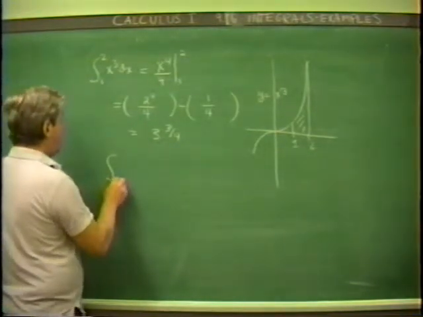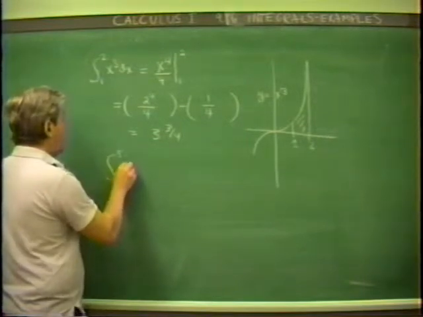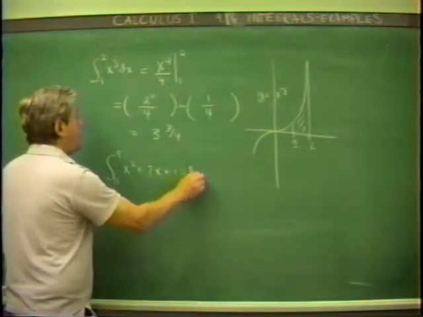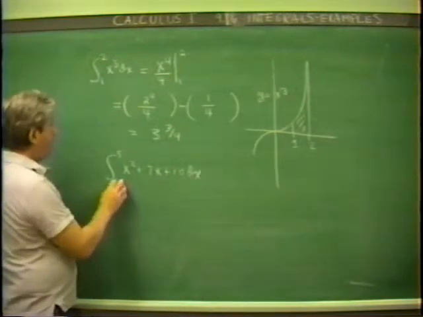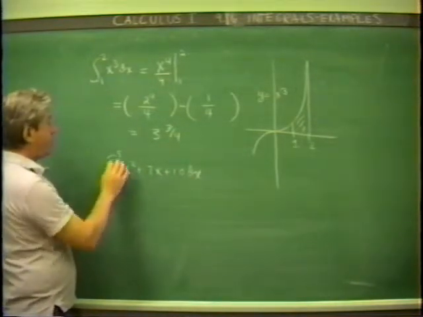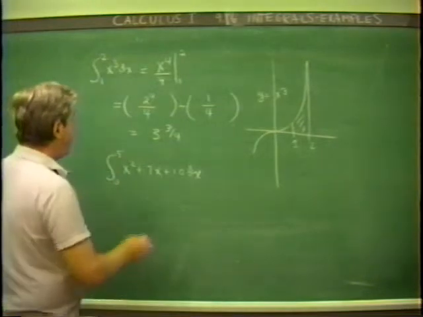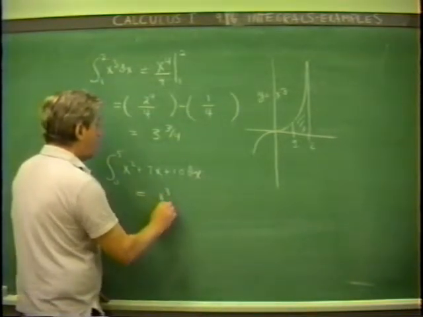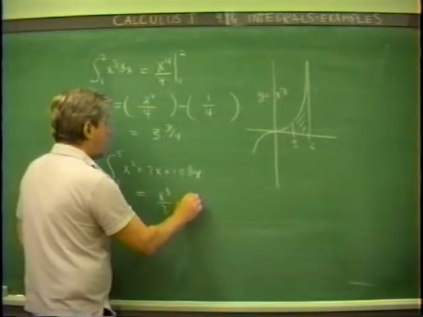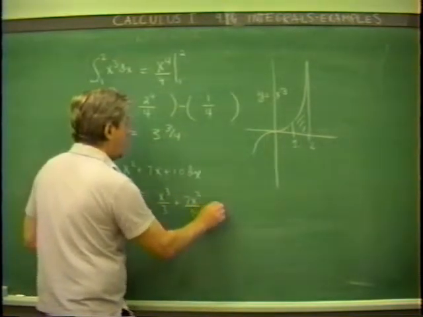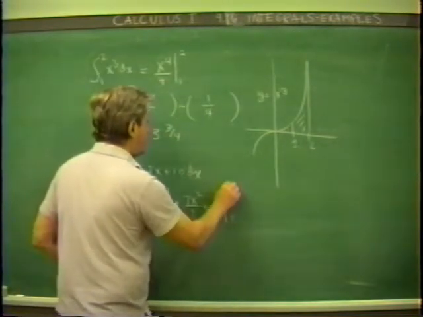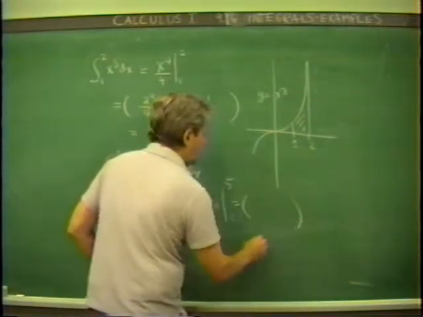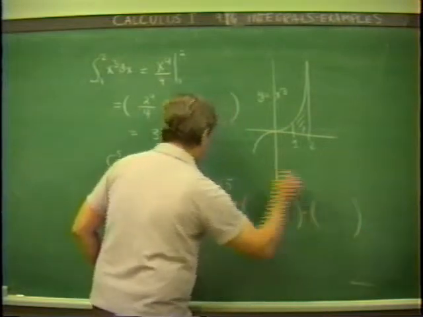At this point, I just want to take a look at evaluating definite integrals by finding the antiderivatives. For example, if you had something like the integral from 0 to 5 of x squared plus 7x plus 10 with respect to x, without concerning yourself with the interpretation of this, you can simply find an antiderivative. It's x cubed over 3 plus 7x squared over 2 plus 10.